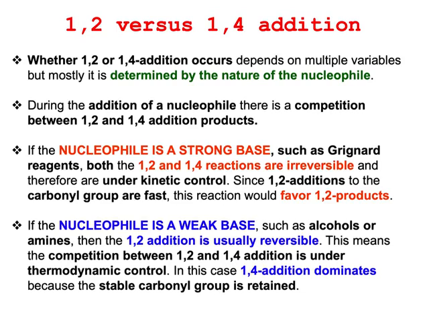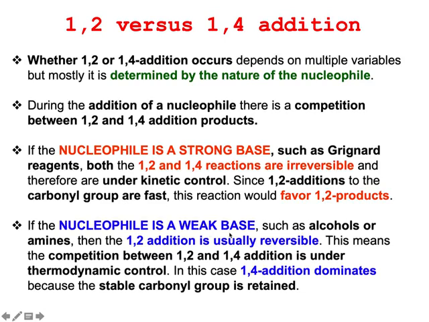Okay, so the difference between 1,2 and 1,4 is determined by the nature of the nucleophile. If the nucleophile is a strong base such as Grignard reagent, so either 1,2 or 1,4 reactions are irreversible, undergo kinetic control. 1,2 addition at the carbonyl group is fast to give the 1,2 product.